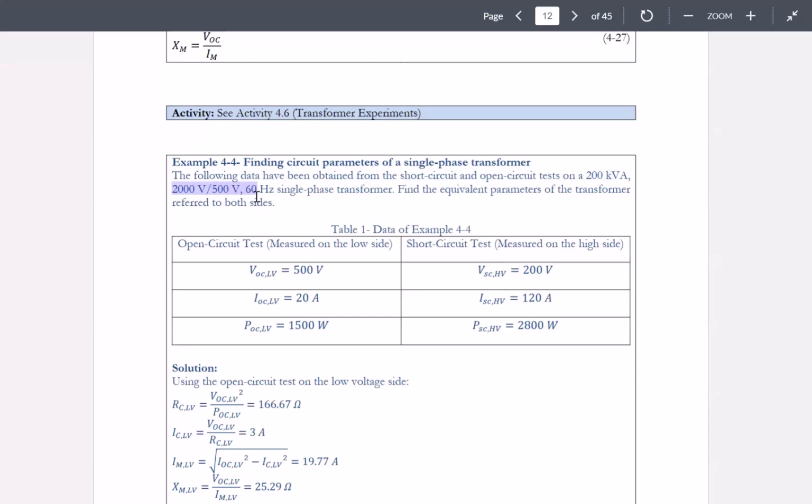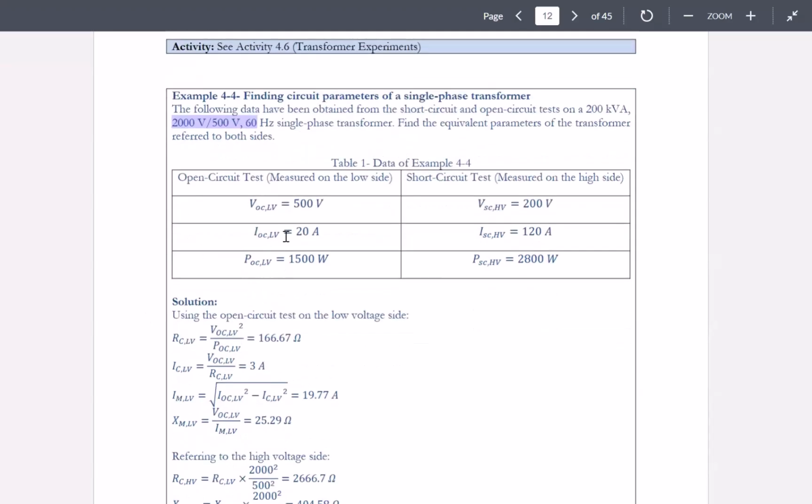Through experiments, we want to find the approximate model of the transformer. The open circuit test was supposed to find what values R_C and X_M are. The short circuit test was supposed to find what values R_SE and X_SE are.